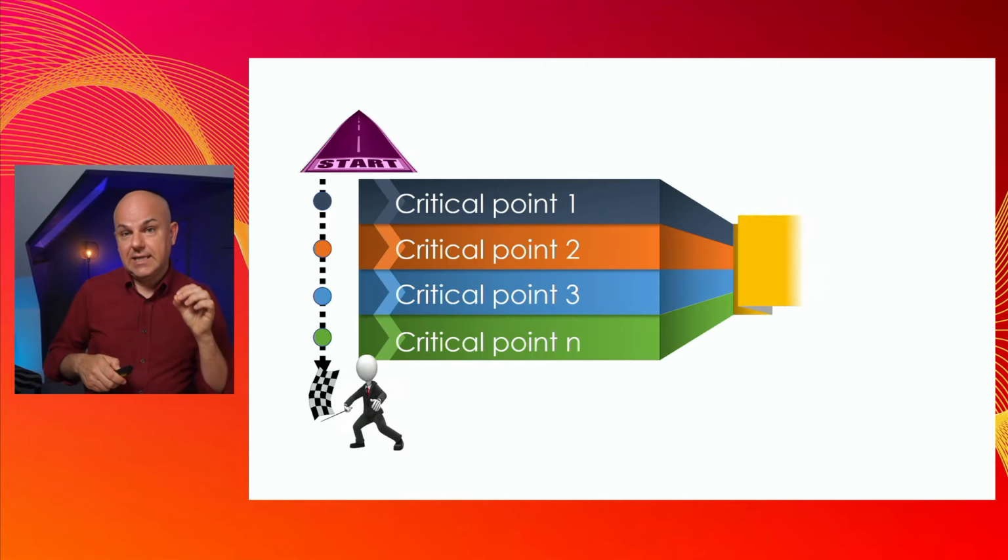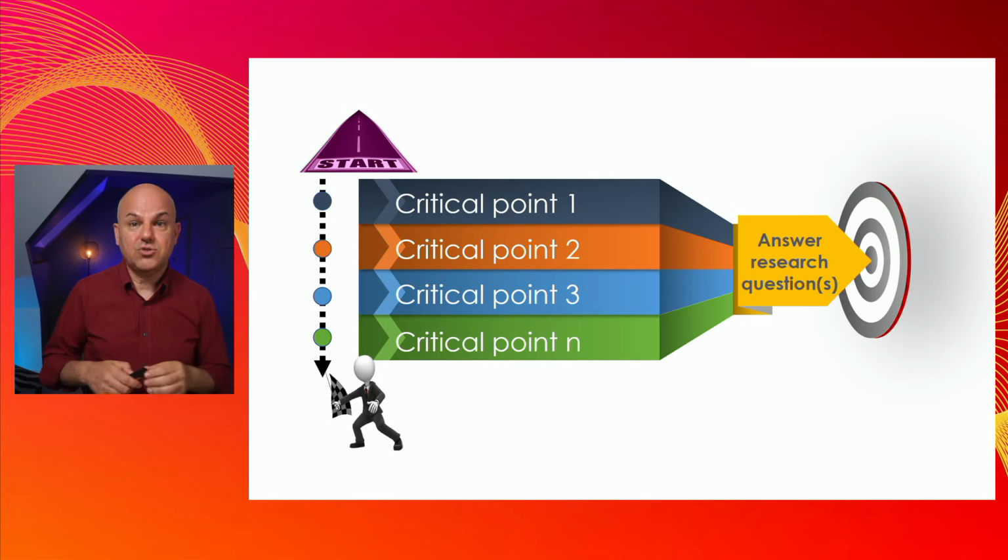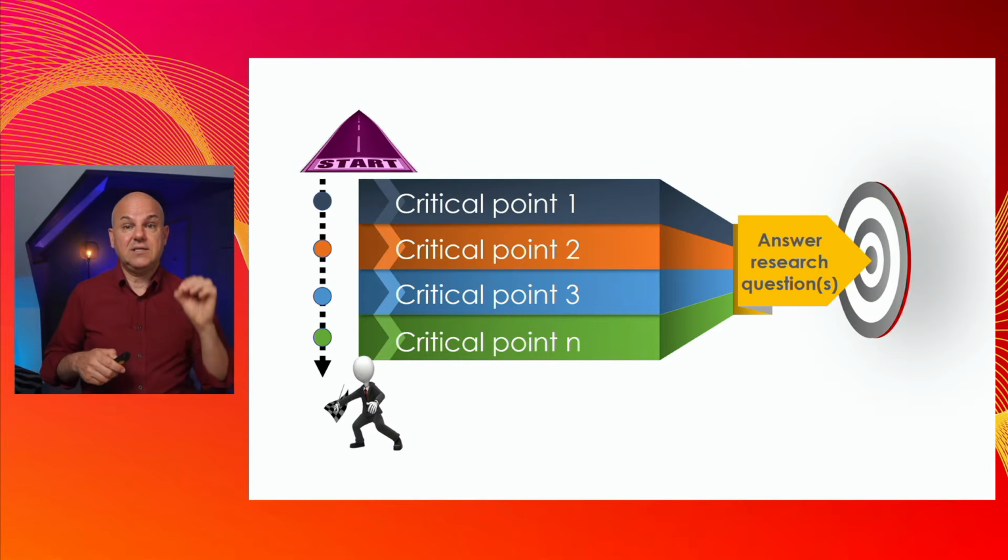So the critical reference point when designing your journey is answering the research questions. Research questions are a guiding star, if you want to call them that way, that should inform all the decisions that you make in your methodology chapter. And what should you write about when covering each critical point?